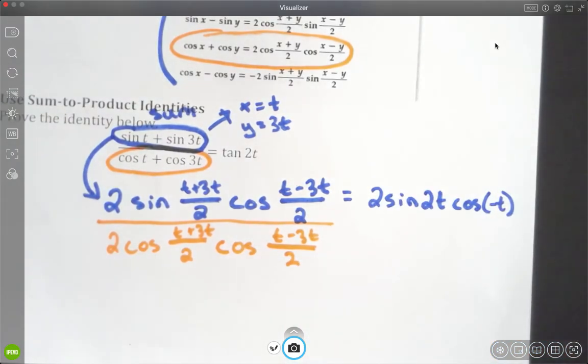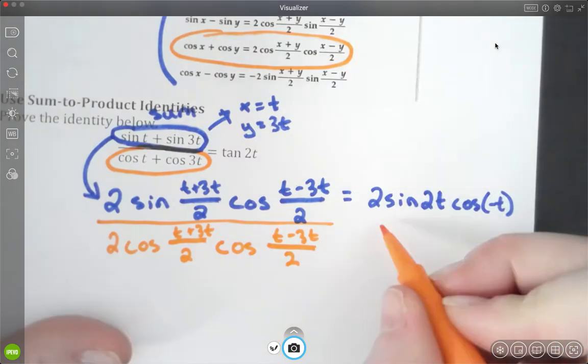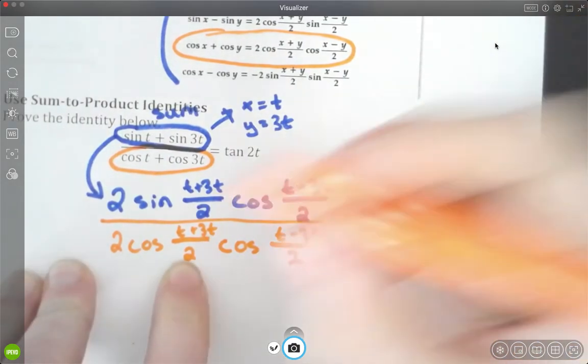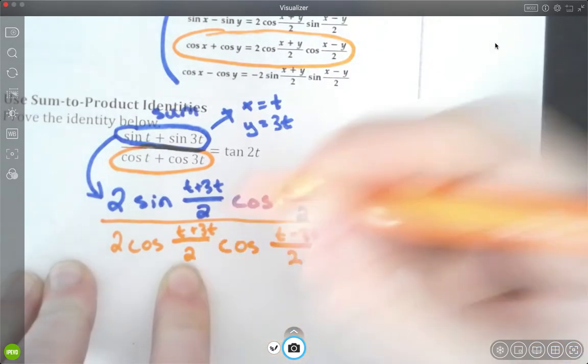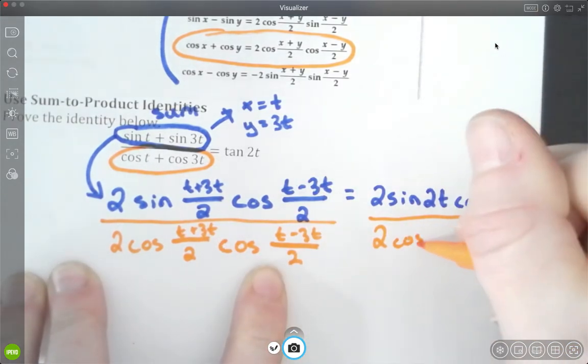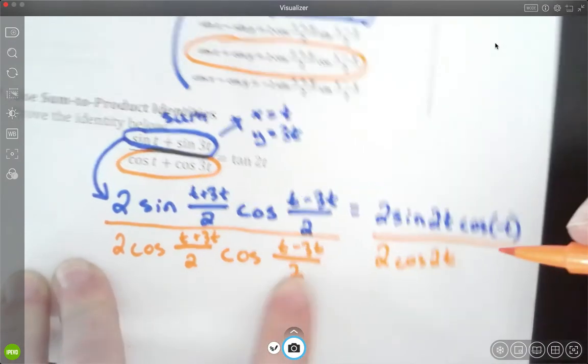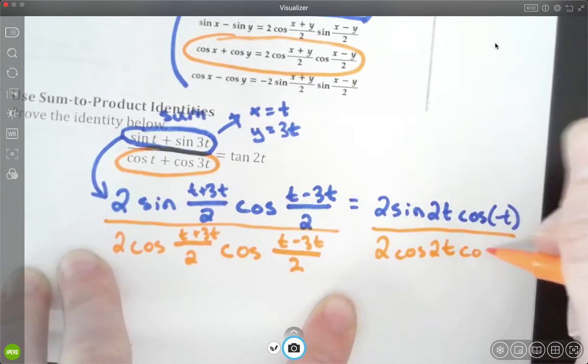We're just popping those numbers in for x and y. We will simplify him. So 2 comes out like this. Cosine of t plus 3t is 4t divided by 2, or 2t. This one is cosine of t minus 3t, or negative 2t over 2, which is cosine of negative t.